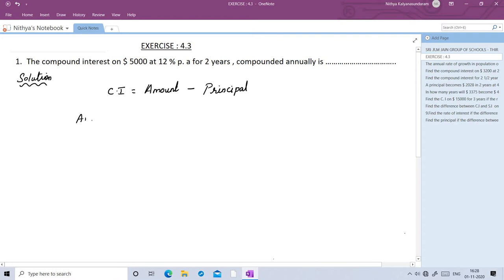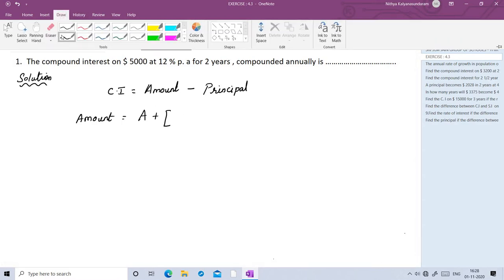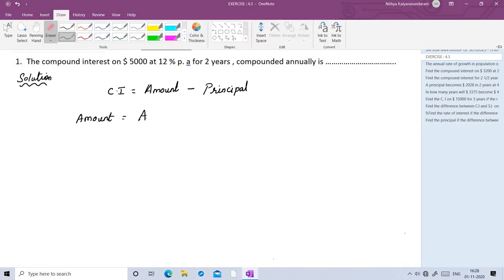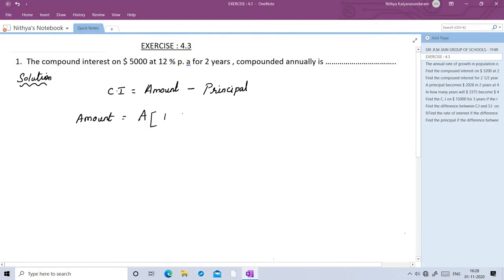So amount is equal to A into 1 plus R by 100 whole power n.